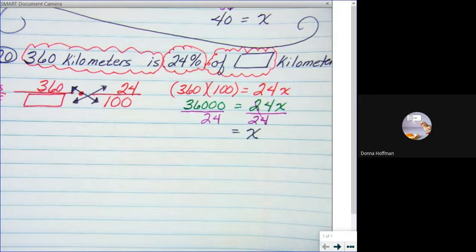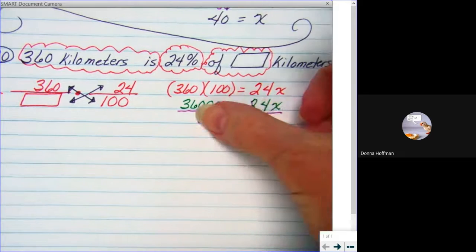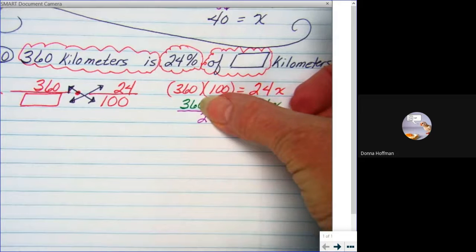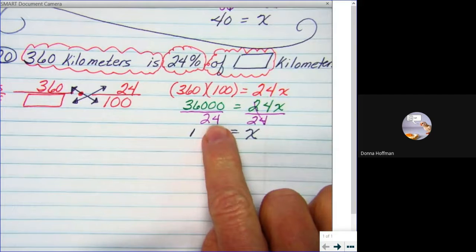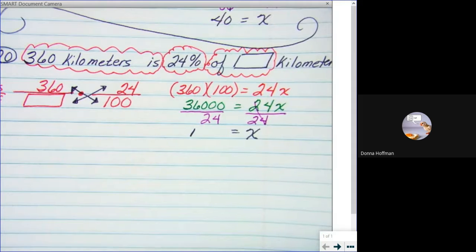Mm-hmm. How many sets of 24 can I take out of the 36? 1 set. So if I take that 24 out of 36, what am I left with? 24, 25, 26, 27, 28, 29, 30, and then 6 more, right? Isn't that 12?